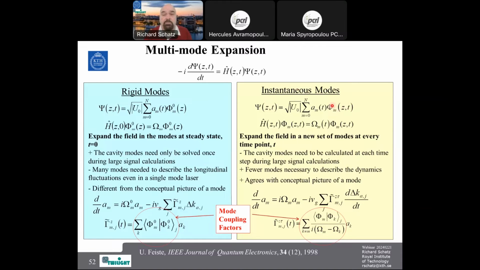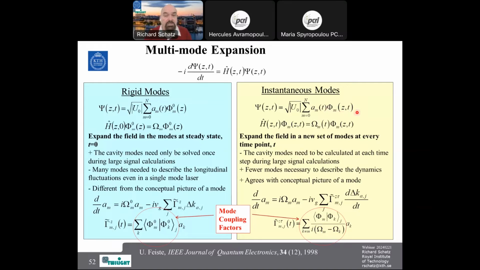With instantaneous modes, you in fact expand the field at every time point in a new set of modes. Then you calculate how the old set of modes couples to the new set of modes at each time point. This sounds numerically much less efficient, and it's true for large signal calculations. Here you need to solve at each time point the Maxwell equations using the transfer matrix method.